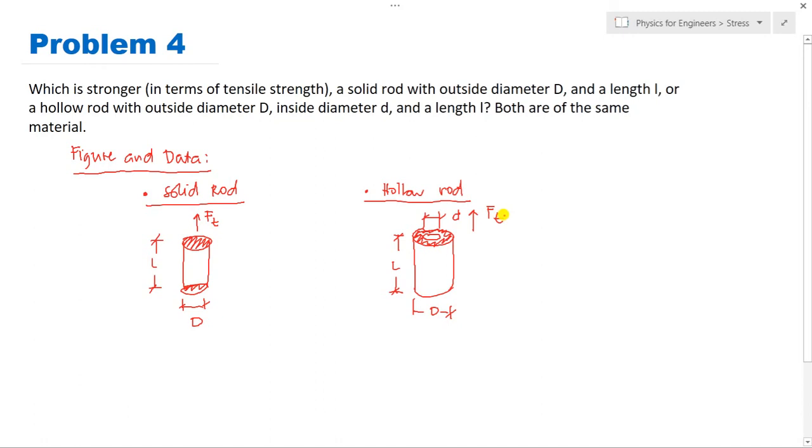And then one more parameter that both have in common. What does it mean, Mr. Pagas, that both are of the same material? That is about their modulus of elasticity.